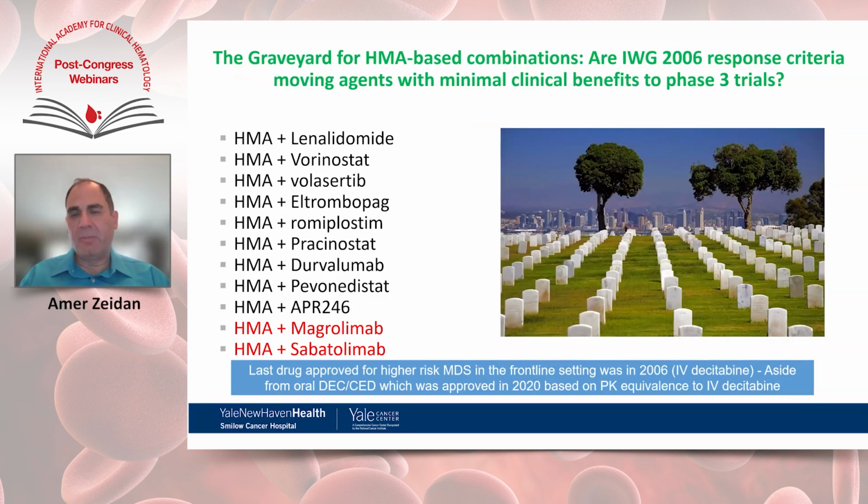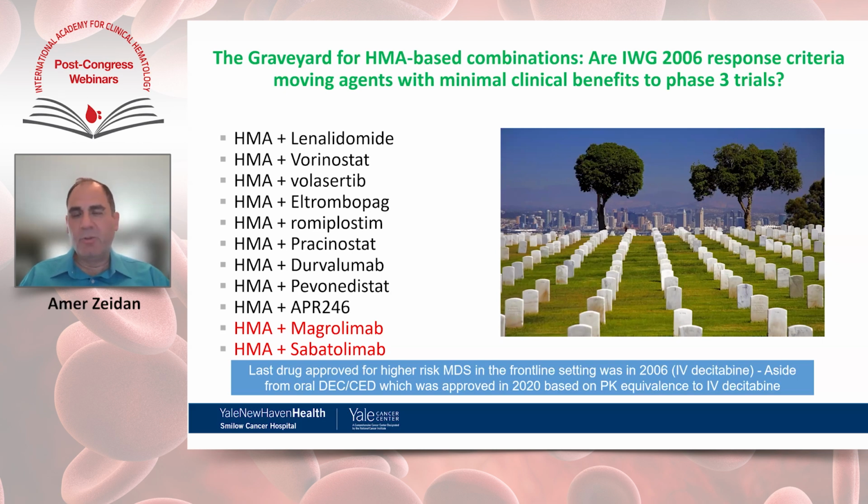And despite having HMAs available for many, many years now, almost 20 years, and many trials that have been trying to build on HMAs by adding another drug to make a doublet, many of those trials have shown nice data in phase 1 and phase 2, but once you go to randomized phase 2 or randomized phase 3, they have been increasingly negative.